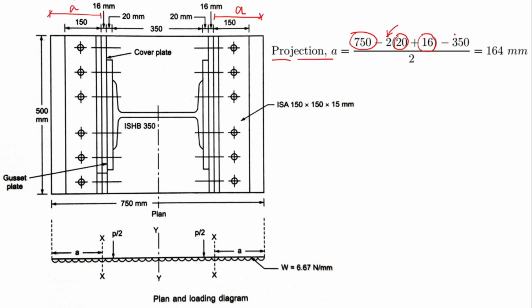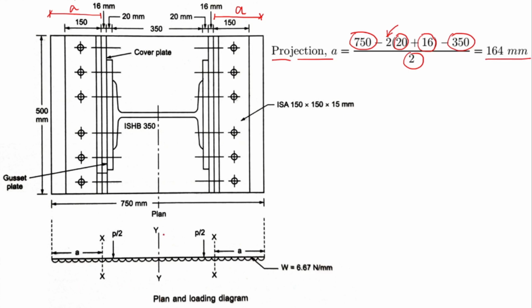Then 350 mm is the depth of the I section, and it is divided by 2, as the projection A exists on both sides of the base plate. So projection is calculated as 164 mm.